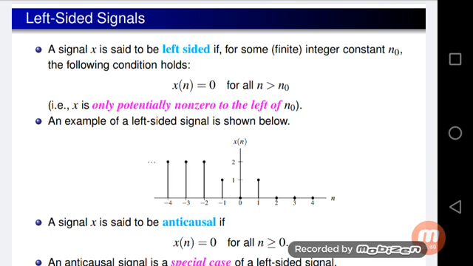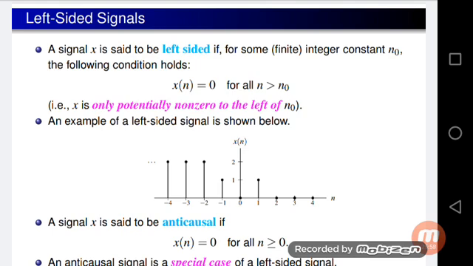Left-sided signals, compared to the right-sided signals, increase from the positive side to the negative side: 1, 0, minus 1, minus 2, minus 3, minus 4.